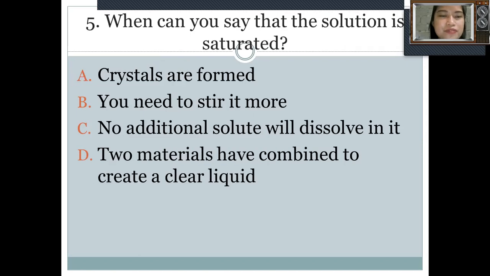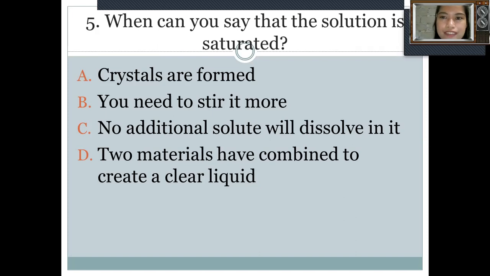Last item, when can you say that the solution is saturated? Choices are A, crystals are formed, B, you need to stir it more, C, no additional solute will dissolve in it, D, two materials have combined to create a clear liquid.